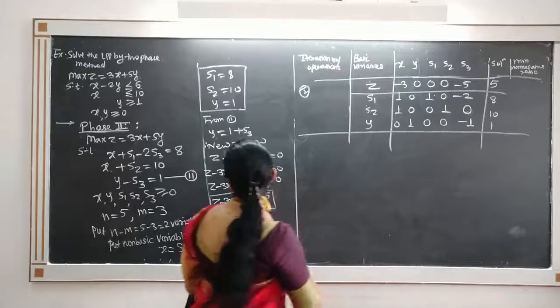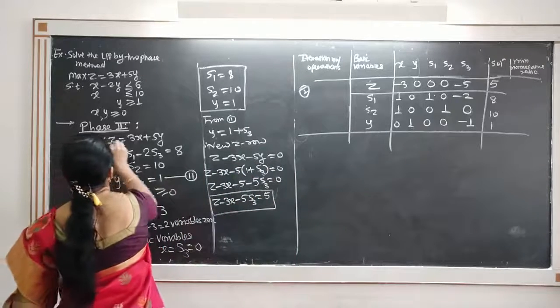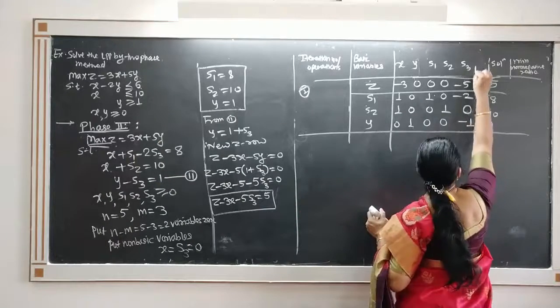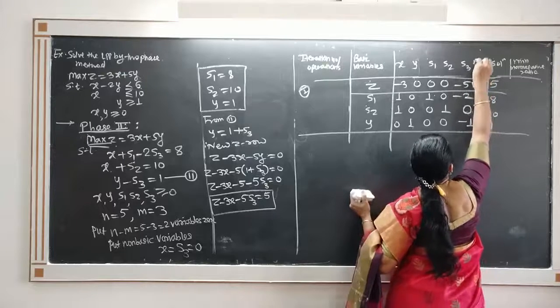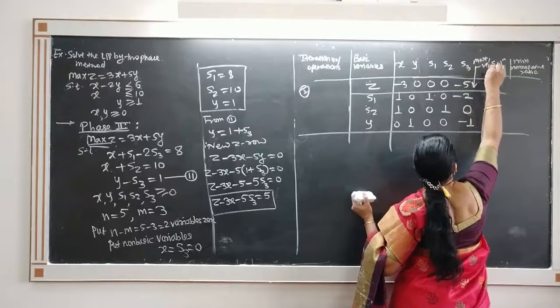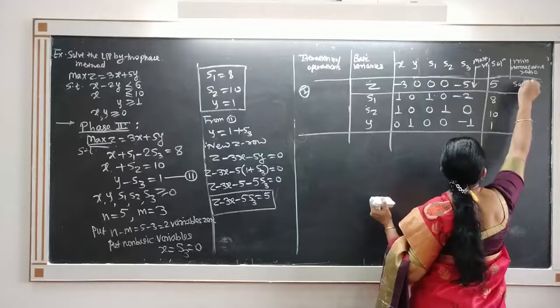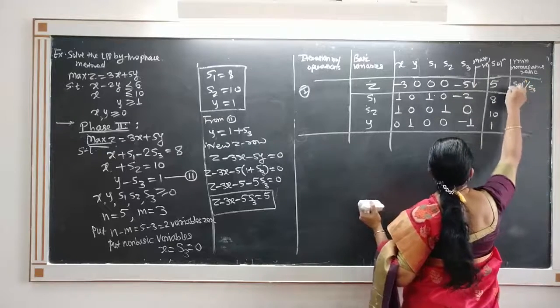Because the problem is maximization, we want the most negative, and the most negative is minus 5. So the key column is s3, and we divide the solution by s3.